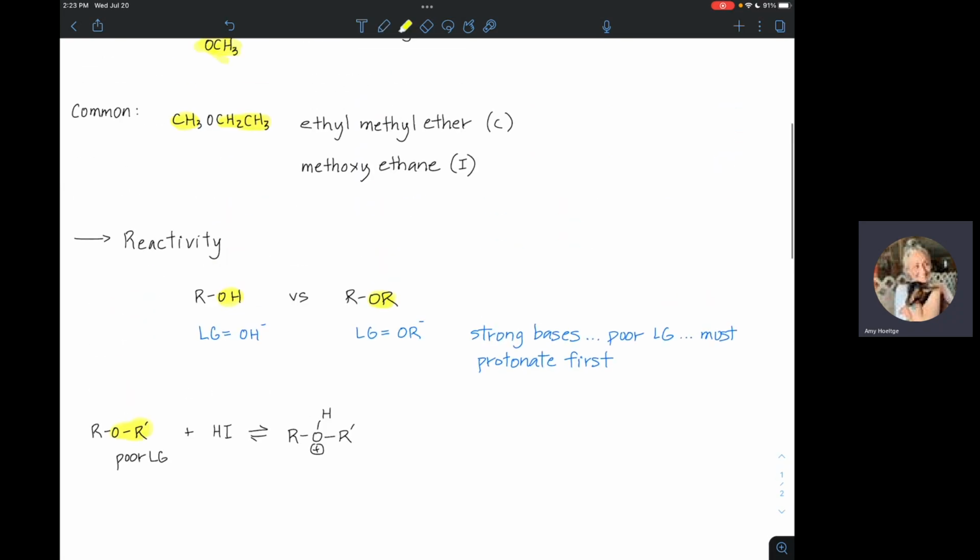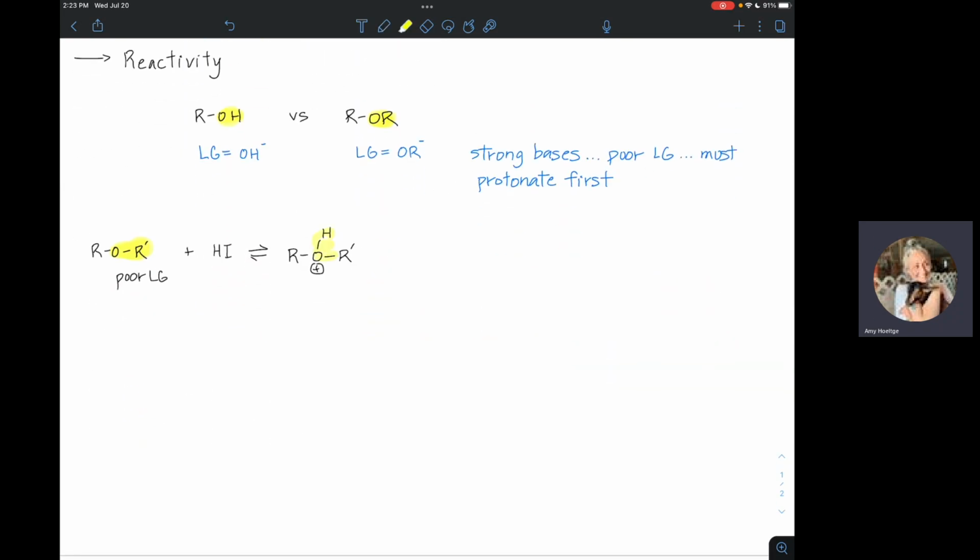This is a good leaving group, just an alcohol, right? A neutral molecule. And with heat, and of course your leftover I minus, which can be your nucleophile, you can create an alkyl halide and an alcohol. We call this cleaving an ether.